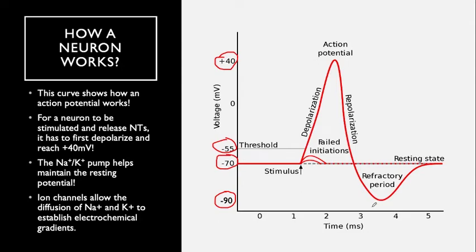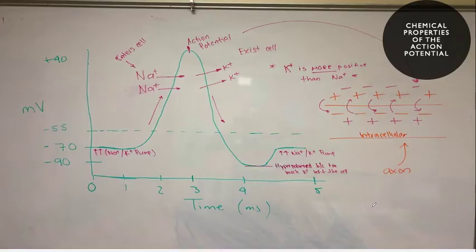However, there are some very important chemical components that go along with this action potential. So again, I want you guys to focus on your negative 90, your negative 70, and your negative 55, right? And your plus 40. Let's look at some of the ions that are involved with this. First and foremost, the neuron is able to maintain a resting potential because of the sodium-potassium pump.